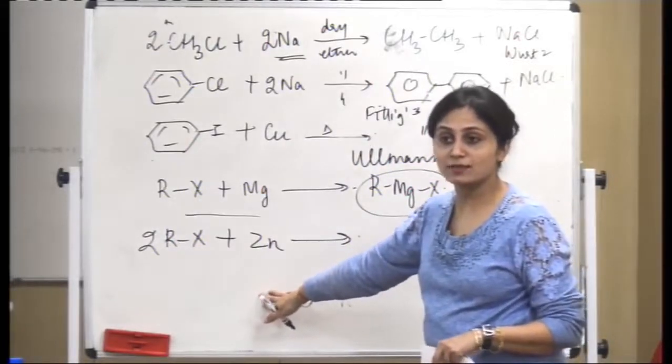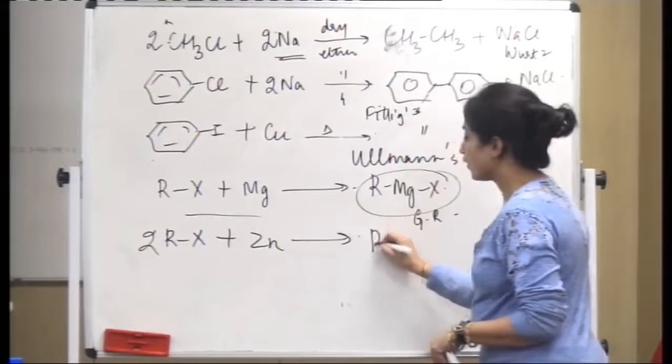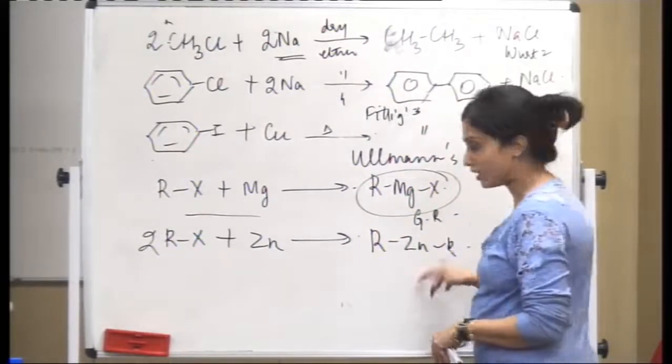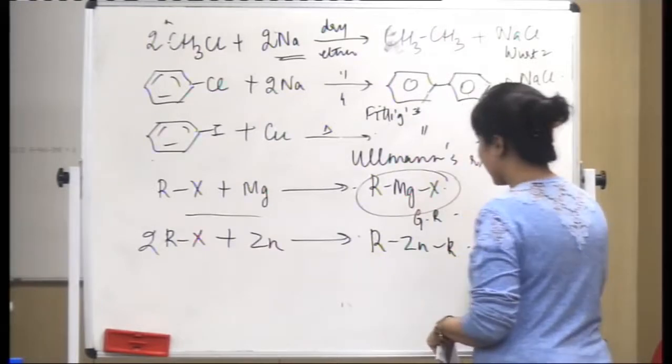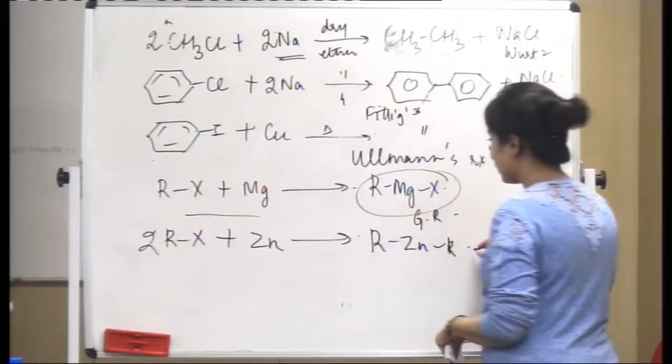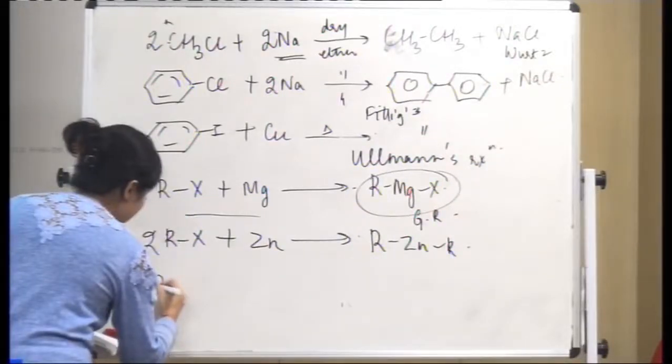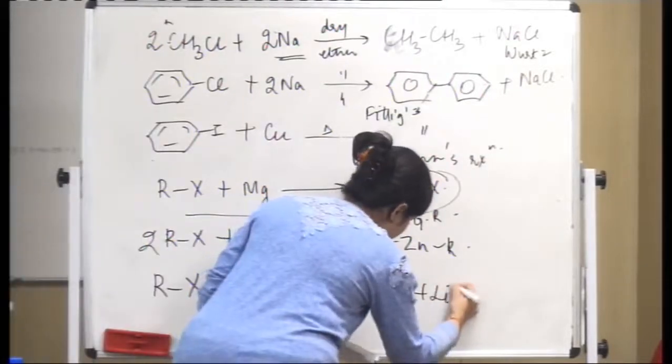We get RZnR. This is dialkyl zinc. Remember that this is another type of reaction with metal, and this is also important. When it reacts with lithium, it forms RLi plus LiX.